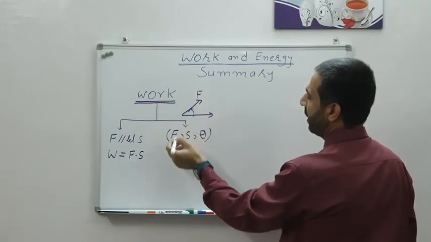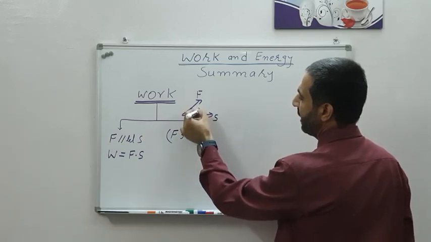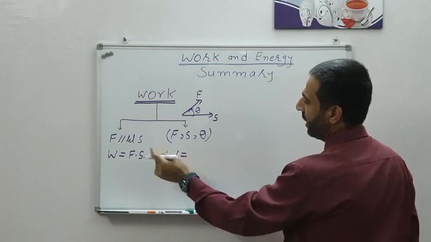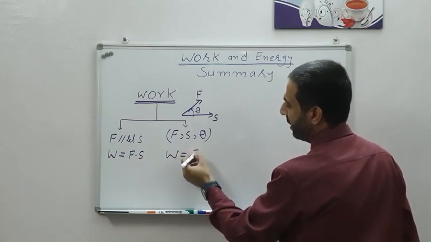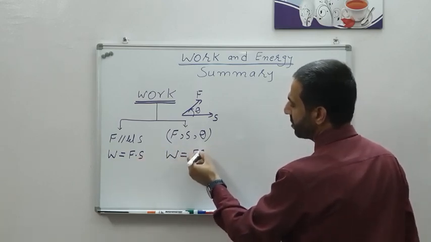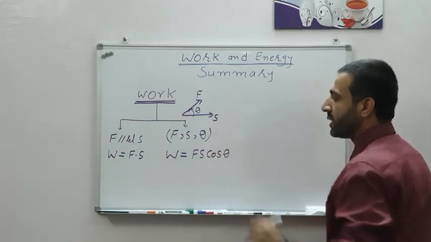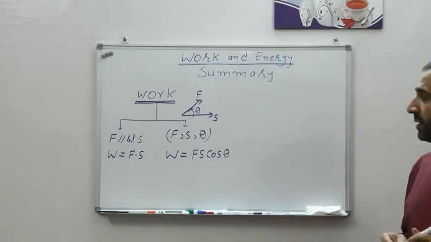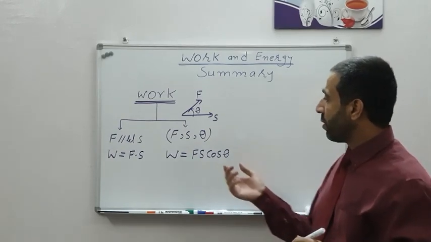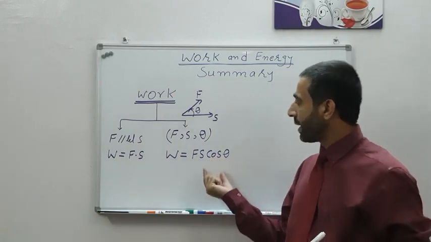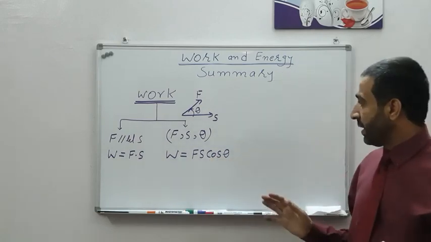Force, displacement, and then there was an angle. At that point we arrive at work done equals force times displacement times the cosine of the angle between them. That was when there was an angle, and the earlier one when both were parallel to each other.